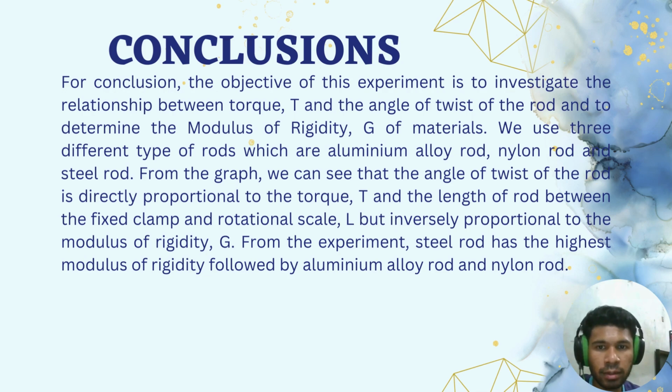We use three different types of rod, which are aluminum alloy rod, nylon rod, and steel rod. From the graph, we can see that the angle of twist of the rod is directly proportional to the torque T and the length of the rod between the fixed clamp and the rotational scale L, but inversely proportional to the modulus of rigidity G.